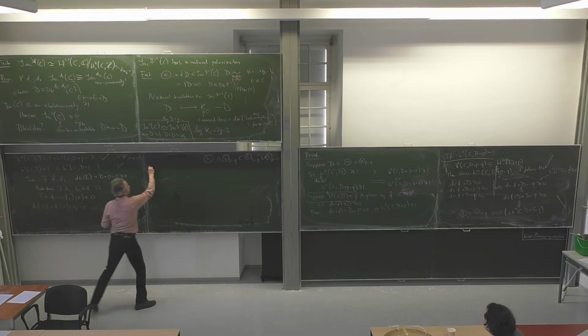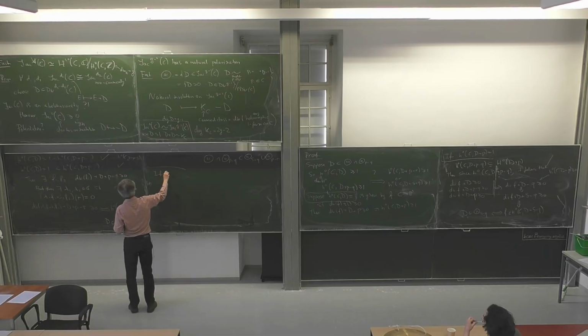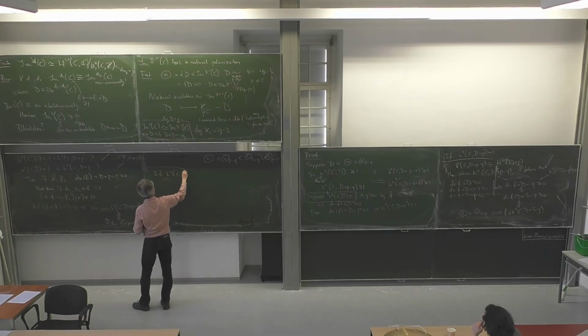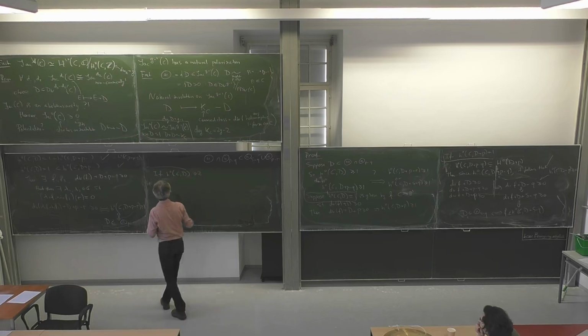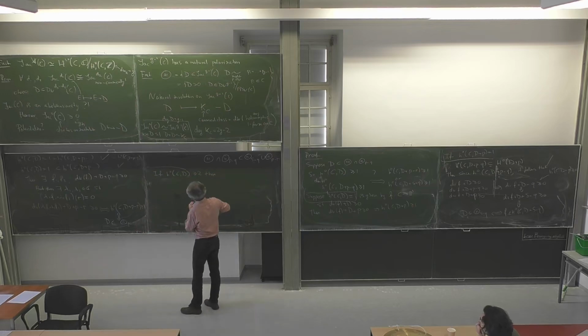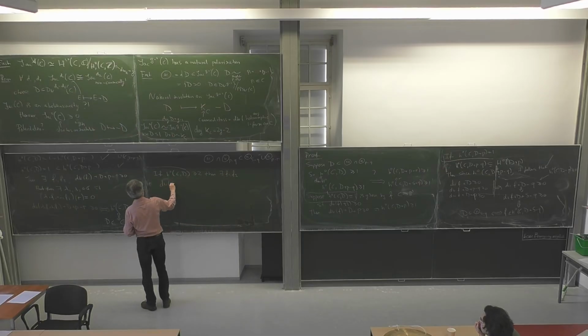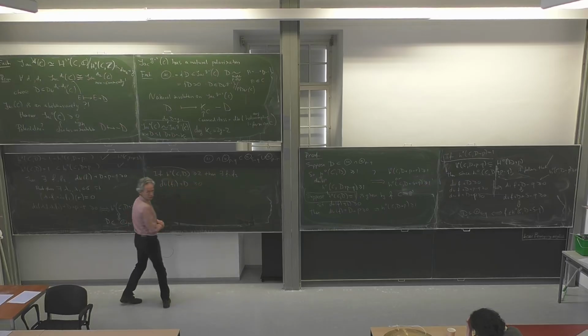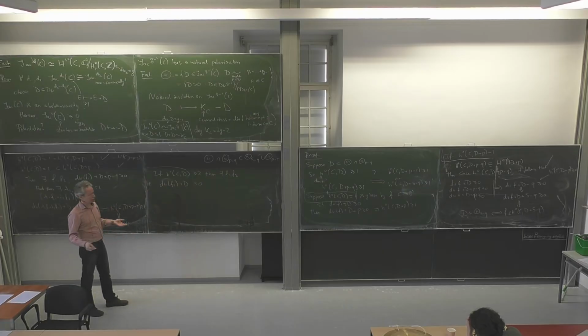So finally, if h^0(D) is at least 2, I play exactly the same trick. Then there exist f1, f2 such that the divisor of fi plus D is greater than or equal to 0. And my life is very nice.